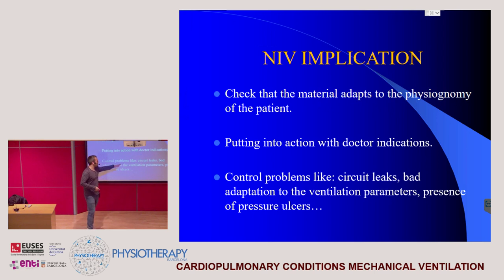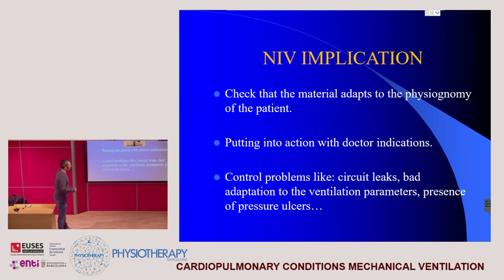Or if the leak is too big, the ventilation unit will stop delivering air, and it will start a noisy alarm, so someone will notice that. But in fact, the problem will be for the patient if the ventilation unit stops delivering air.